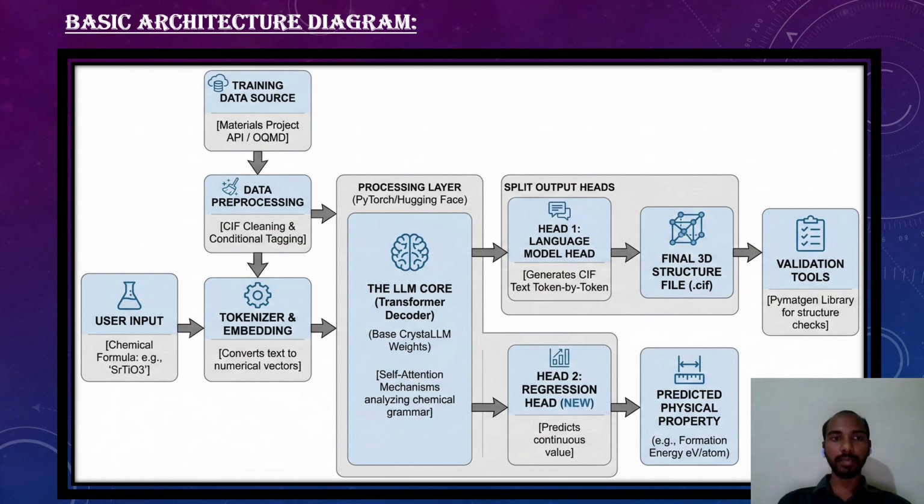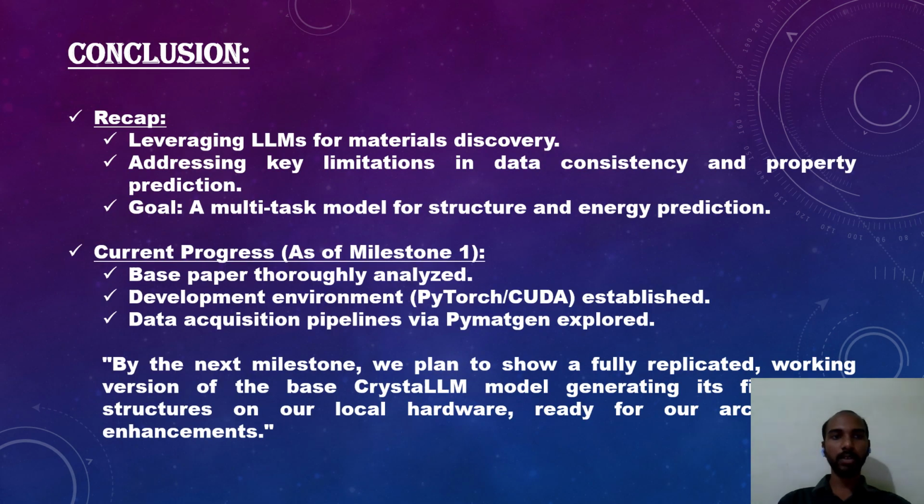The first branch performs token prediction, which generates the crystal structure step by step in CIF format, and the second branch performs regression, which creates a numerical value representing a physical property of the material. Because of this design, the model can perform two tasks simultaneously, which are structure generation and property prediction.